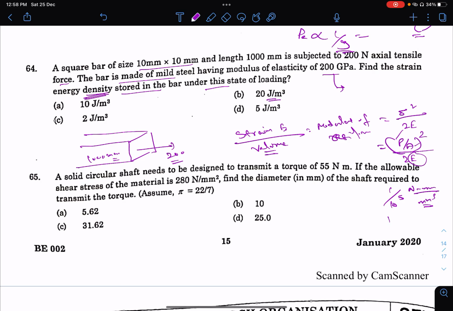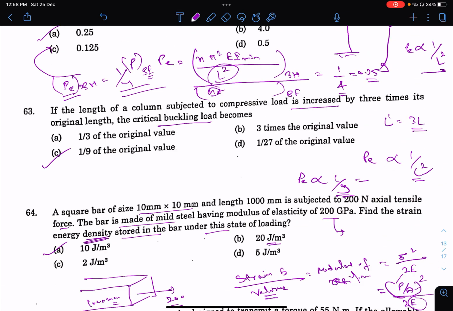So this will come out to be 10 Newton meter upon meter cube. So the correct answer is A. So I will multiply it with 10 raised to power 6 to convert it into Newton meter per meter cube. So Newton meter is joule upon meter cube.